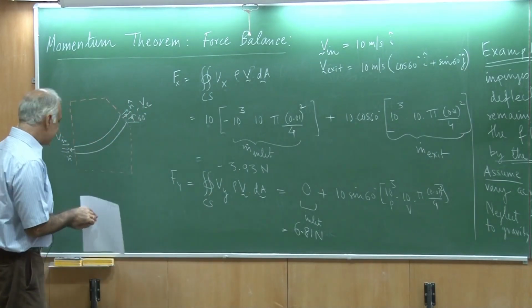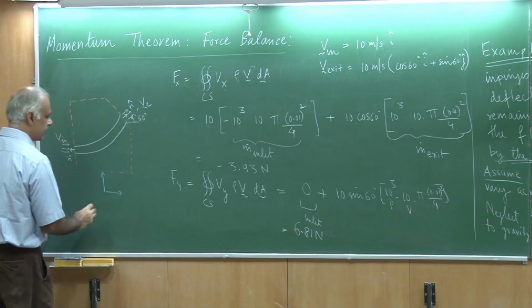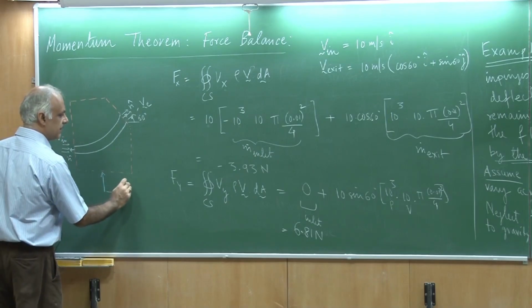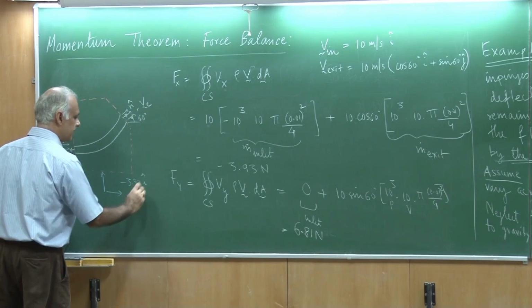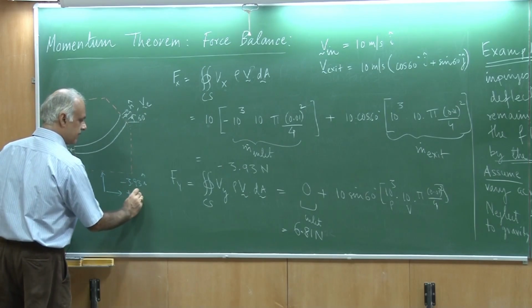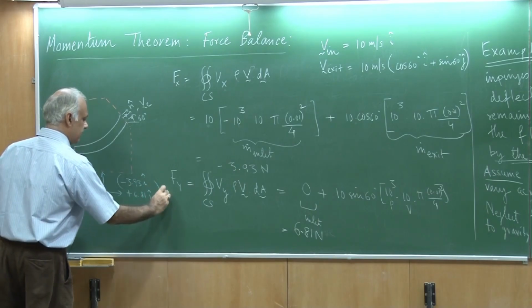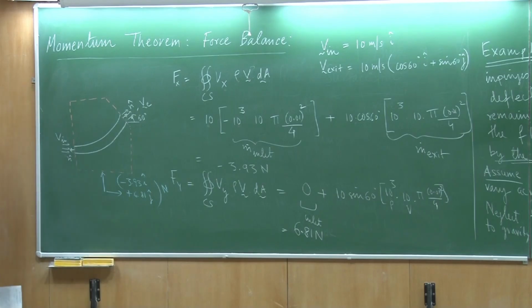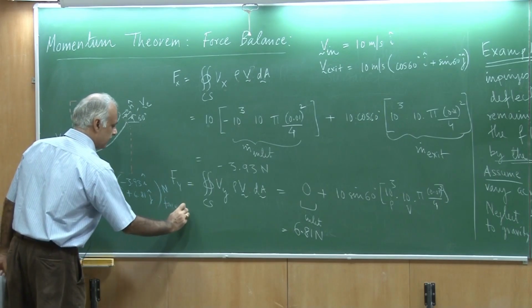So now I have my answer that the force that acts on the control volume is minus 3.93 i plus 6.81 j Newton. That is the force on CV.